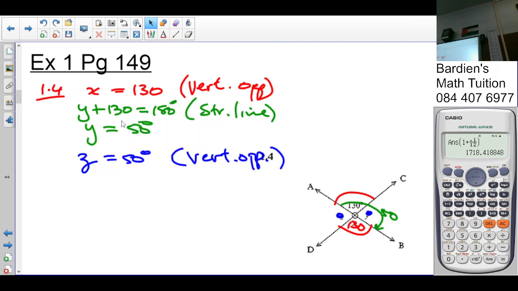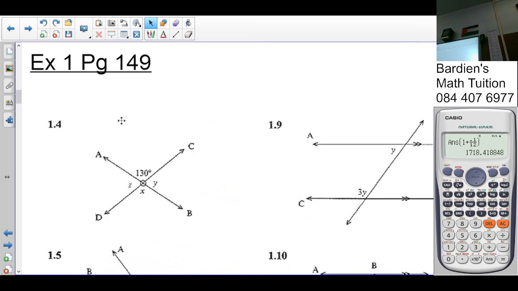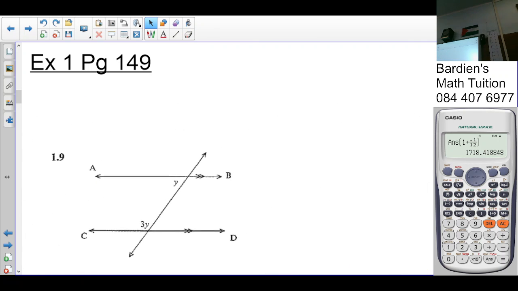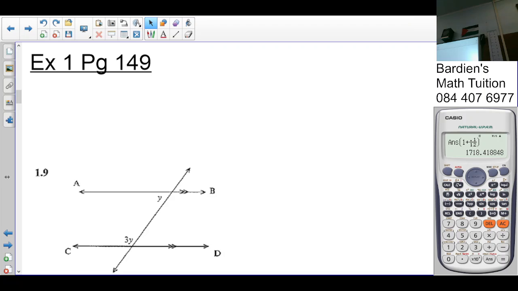People, any other confusion? No? 1.9. Who managed to sort this one out? Why? Nice! Can you see the U?